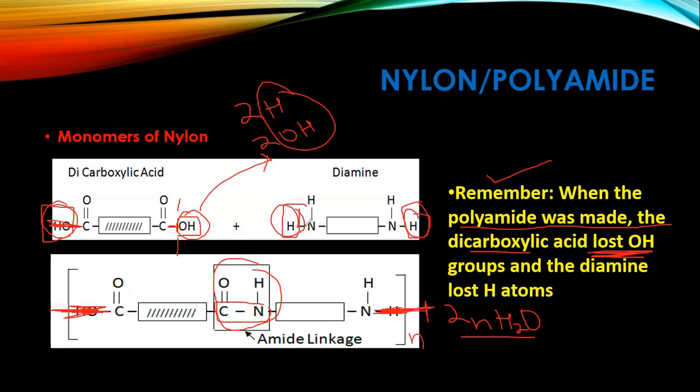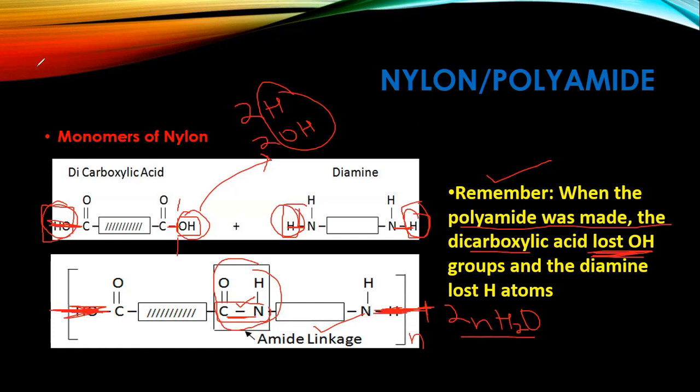So this nitrogen has a vacant bond on both sides as well. This carbon and this nitrogen will make a single covalent bond here, which is shown in the diagram, and the rest of the thing will be repeated as it is. You must be able to identify this linkage, this bond. This is known as the amide linkage. I hope you got it.